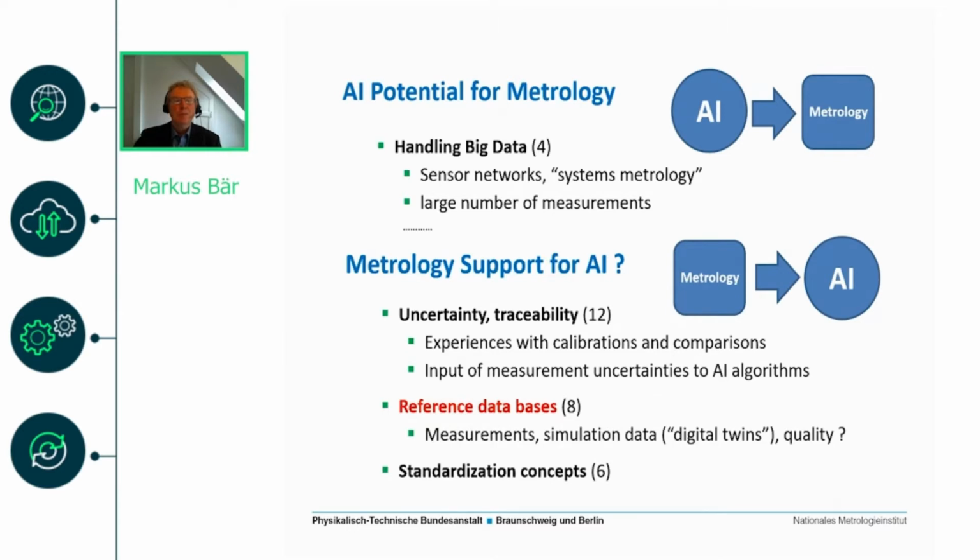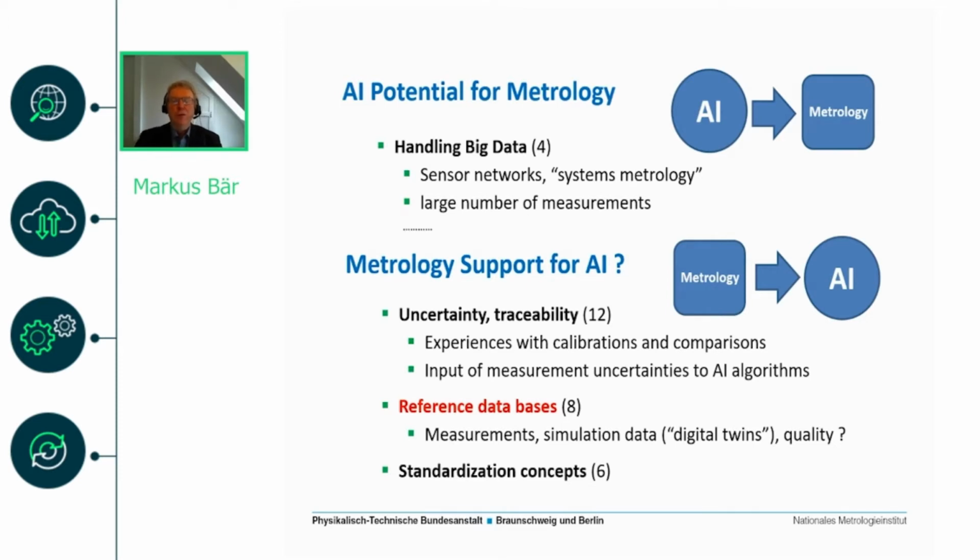Okay, so from the results of the survey, there were fewer answers for the potential of AI for metrology, but certainly handling of big data is an issue in the bigger NMIs. Again, sensor networks and distributed systems feature highly, and it was also sometimes said that systems metrology is an emerging field. So there will be more and more systems where a large number of measurements are combined. Another area, of course, is highly resolved imaging and microscopic processes where a lot of pixels are produced.